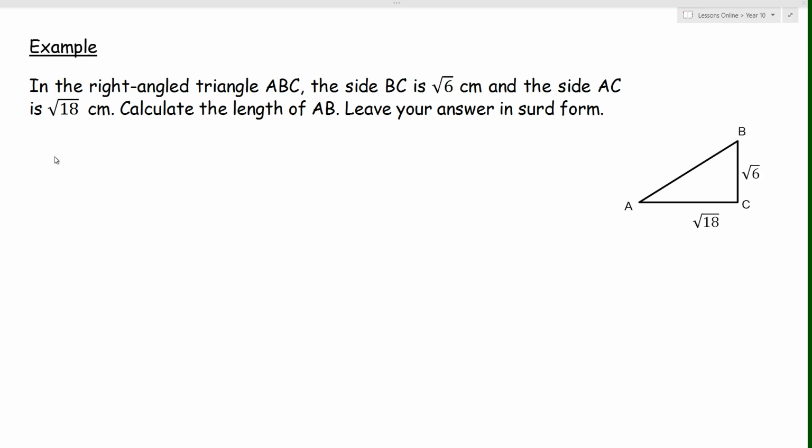So we could say that AB squared is equal to the sum of the other two sides squared. So BC squared plus AC squared. BC is square root of 6, so it's going to be square root of 6 squared plus the square root of 18 squared.